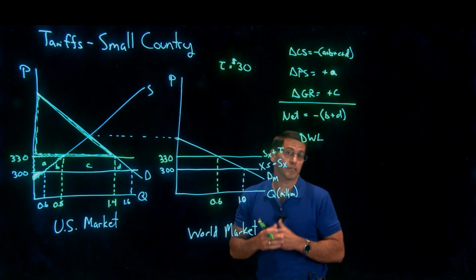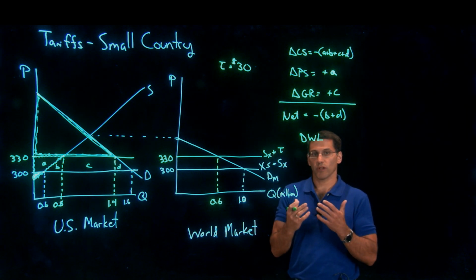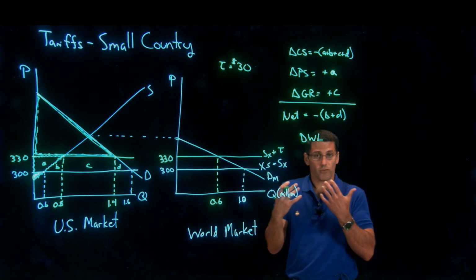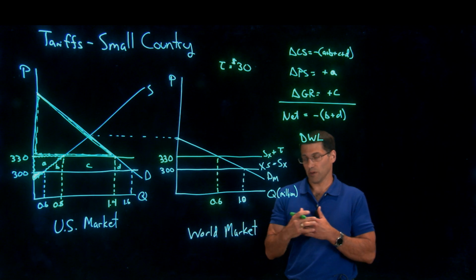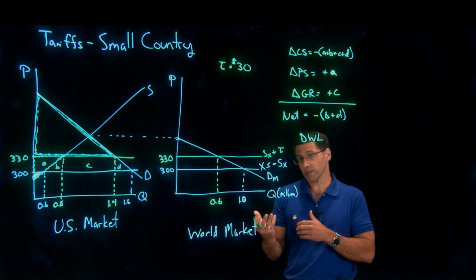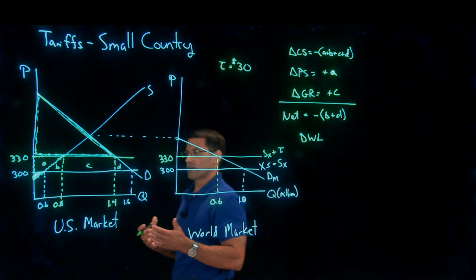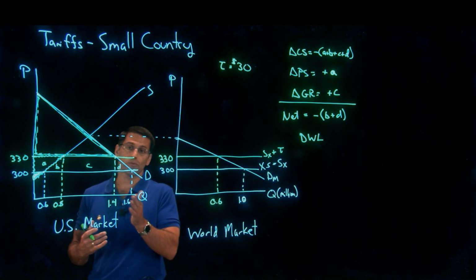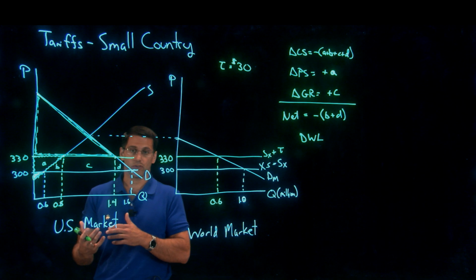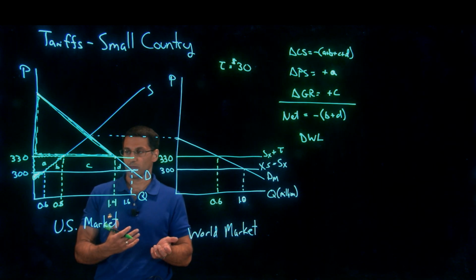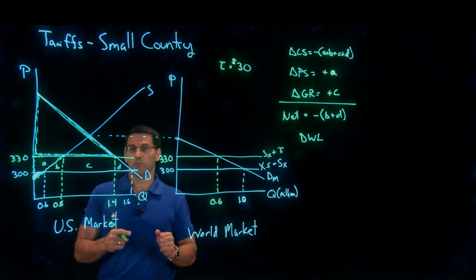Why do we call that a deadweight loss? Well, that's because it's surplus that in the free market would have been generated here in the U.S. market for bicycles, but because of the tariff, we're no longer getting these transactions that were mutually beneficial for consumers and producers. And we can break this down a bit more.